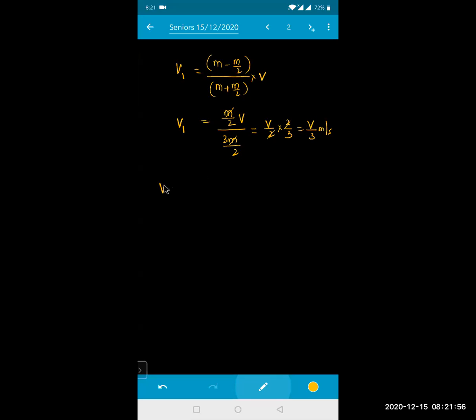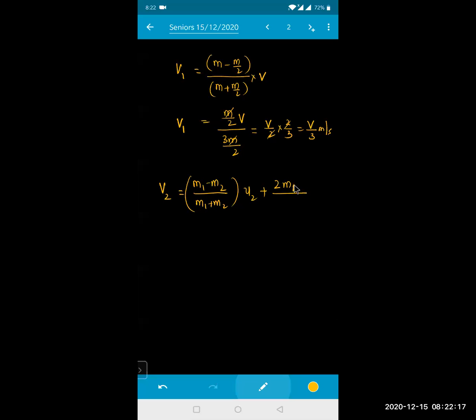In the same way, v2 is equal to, what is the formula? (m1 minus m2) divided by (m1 plus m2) into u2, plus 2 times m2 divided by (m1 plus m2), where in the place of m1 you take m2.